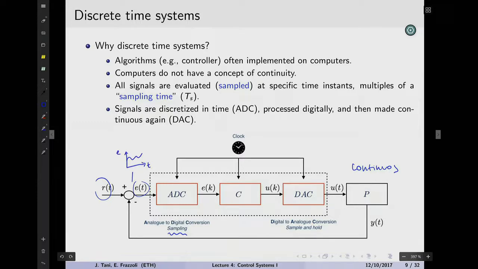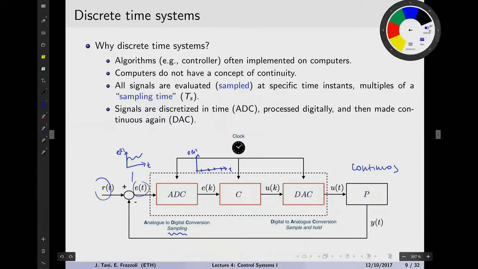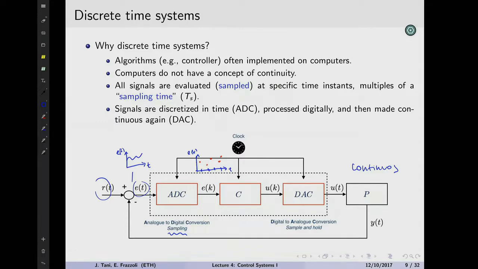Then after this sampling block, we no longer have an E of t, but we have an E of k, where k is the sampling instance that we defined before. And we will get a point here, a point here, a point here, whatever it is, okay? Then everything will happen in discrete time up to some point, and this everything is whatever manipulation we choose to do with discrete time data, for example, the implementation of a controller.